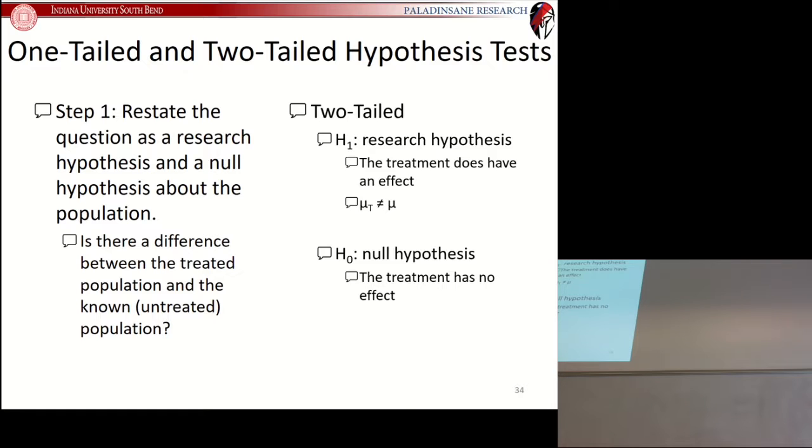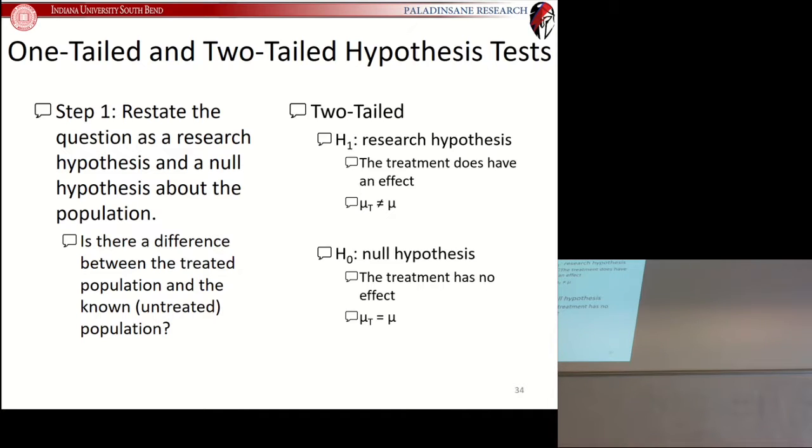And that covers the fact that your treated population might have a lower mean, and it also covers the fact that your treated population might have a higher mean, right? It's just saying it's not equal. So it's either less than or greater than. That's the only way you can be not equal. Your null hypothesis, the treatment has no effect. Very straightforward. The mean of your treated population is the same as your untreated population. There's your null hypothesis.